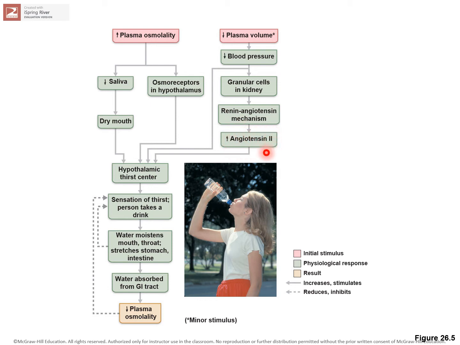And angiotensin 2 makes us thirsty, so we drink a lot of water, and it leads to an increase in water absorption. And then eventually, the plasma osmolarity decreases because the blood gets diluted.